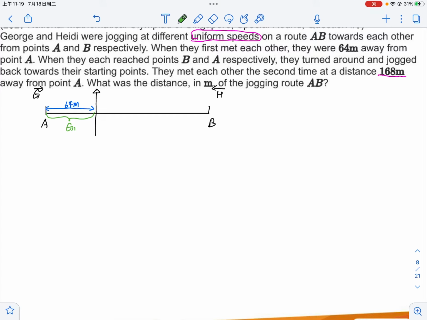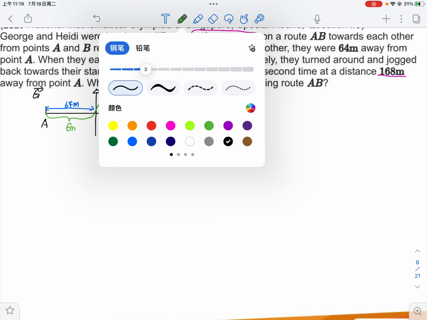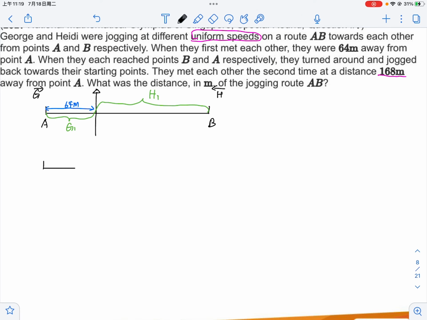Before the first time they meet, the distance G has run is G1. And this part is H1. And then the second time they meet is over here. Also A and B. This is also the first time they meet. And use a bigger triangle and black one to represent the second time they meet.